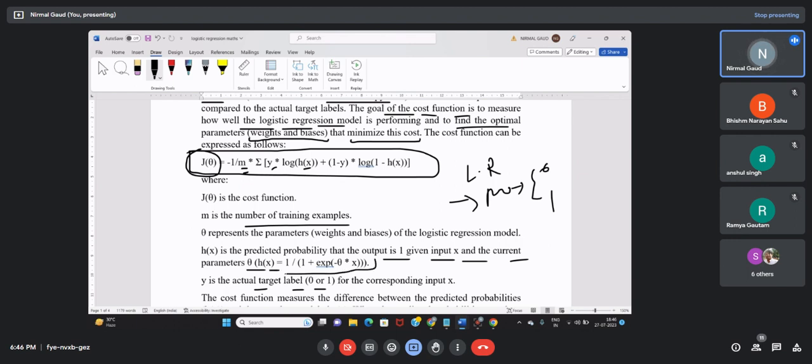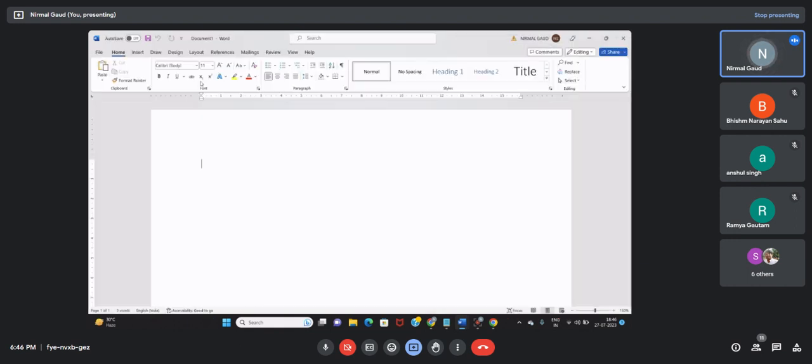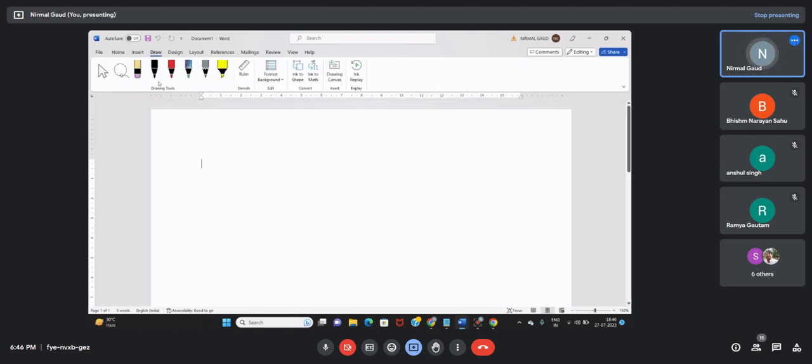This is what the sigmoid function is. So your logistic or logit is a sigmoid function only. We have seen in our initial stages of study of logistic regression that this is your axis, and this is your sigmoid function.